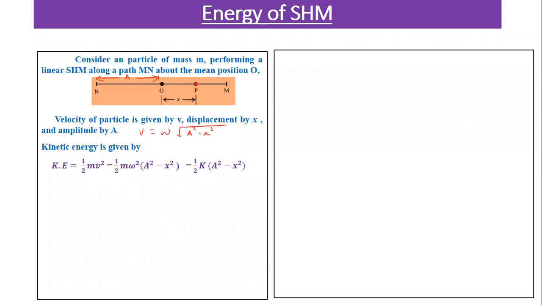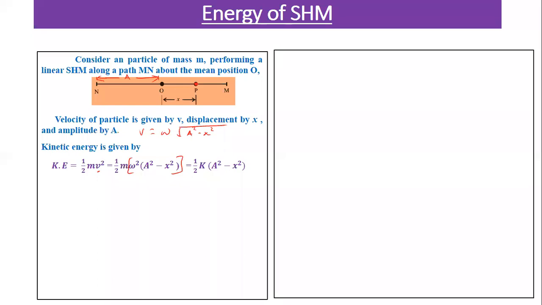Now by using that we can write kinetic energy. Kinetic energy is half m v square. After squaring, we get half m omega square times (a square minus x square).